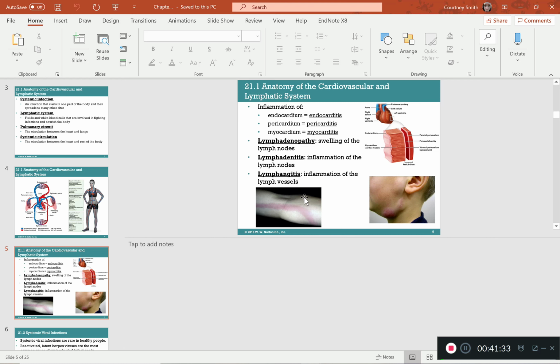Whereas the third one, the inflammation of the lymph vessel, that has to do with this red streak along, I believe this is her arm, if I remember correctly. So that's inflammation of the lymphatic vessel. And the reason why it's a lymphatic vessel is because you can see that it's traveling from point A to point B. Whereas lymph nodes are solely in the neck region, cervical region, armpit, and genitalia region. Okay, so that's pretty much all I'm going to say about that.